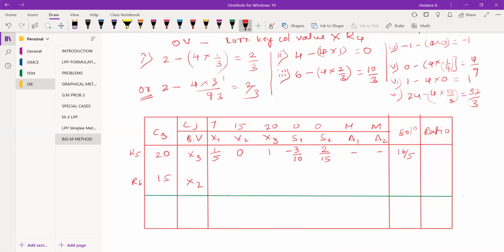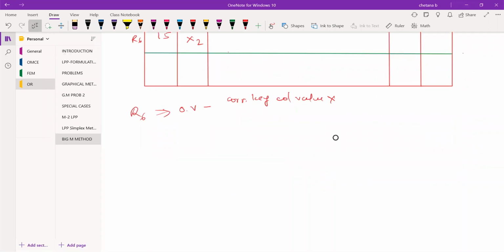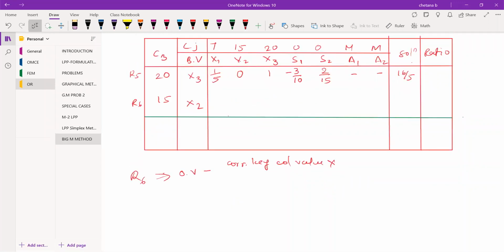Coming to R6. If you see R6, it is the old value minus the corresponding key column value into the next value, which we need to consider from R5. R5, ma'am. Yes.